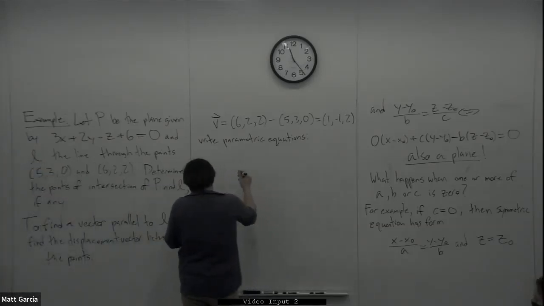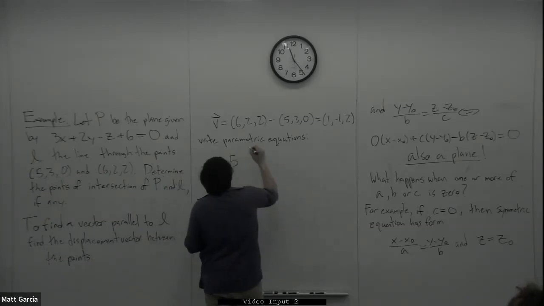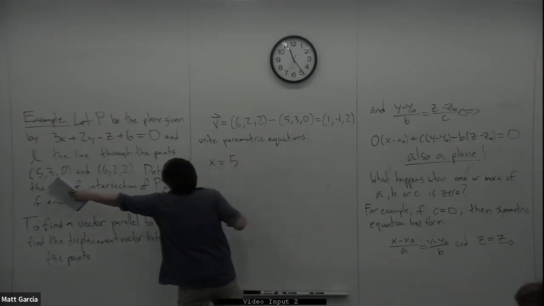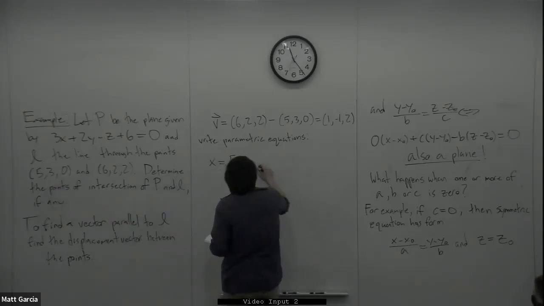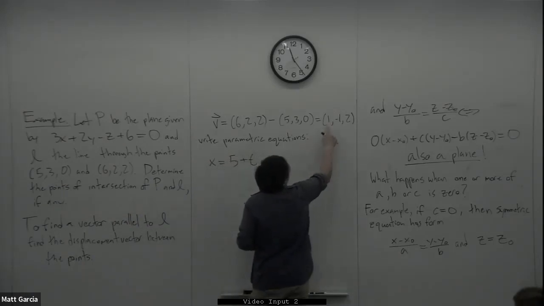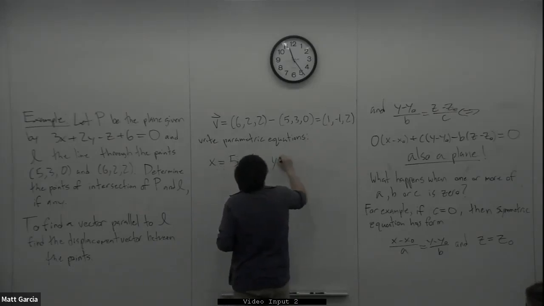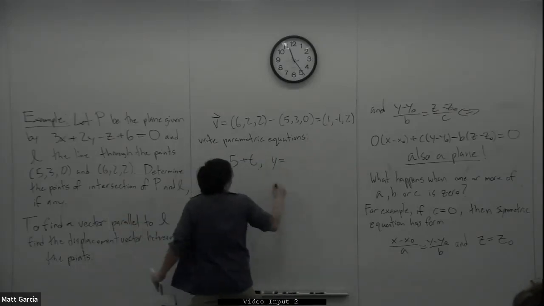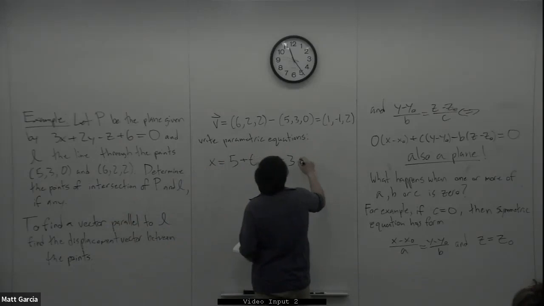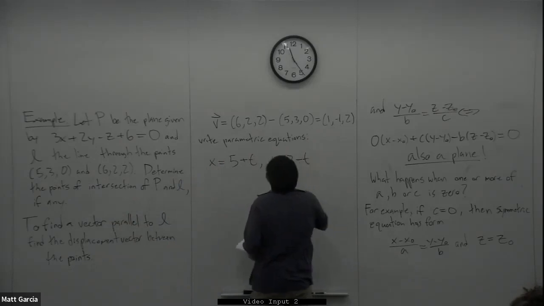So what do I get from my parametric equations? x equals my x component of the point that is on the line, 5, plus t times the x component of the vector v. y is equal to my y component, 3, plus t times the y component of the vector v.